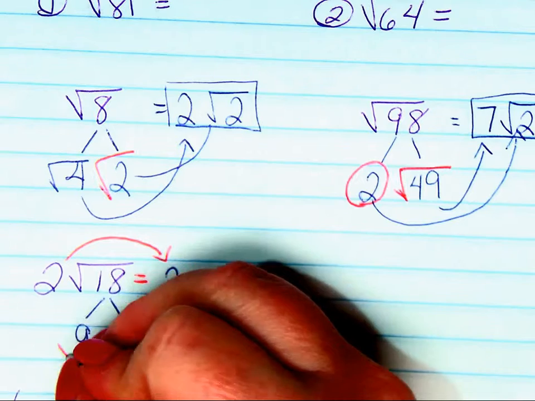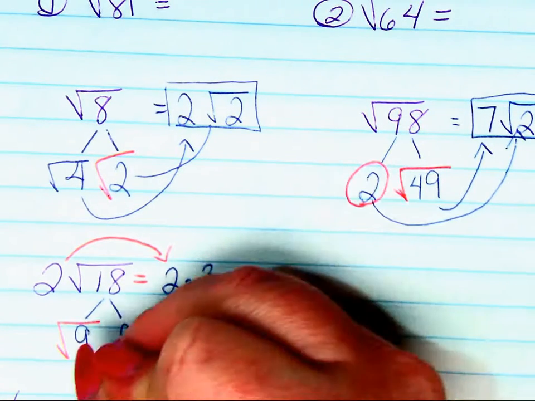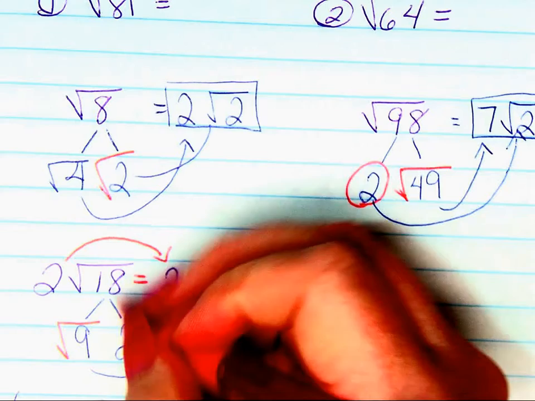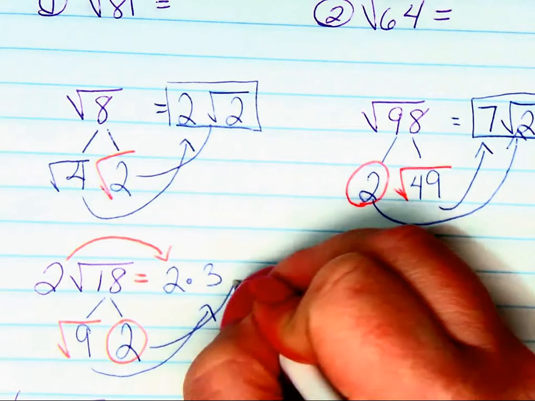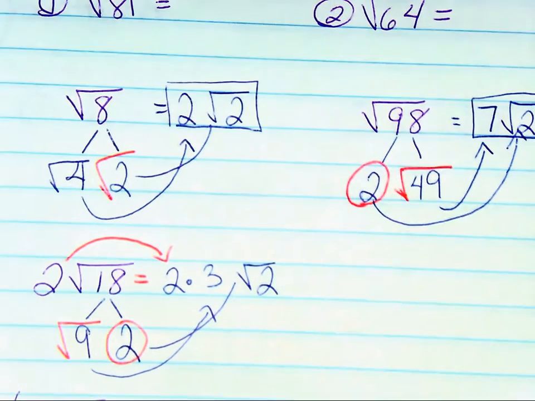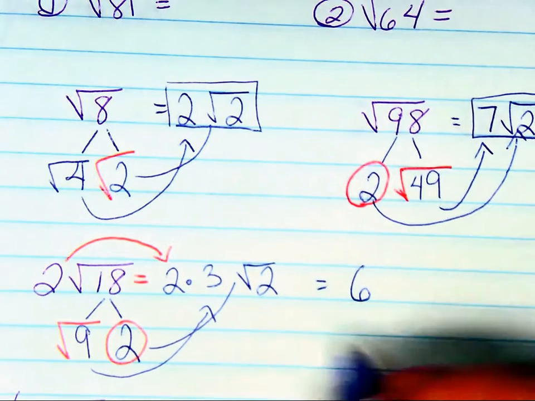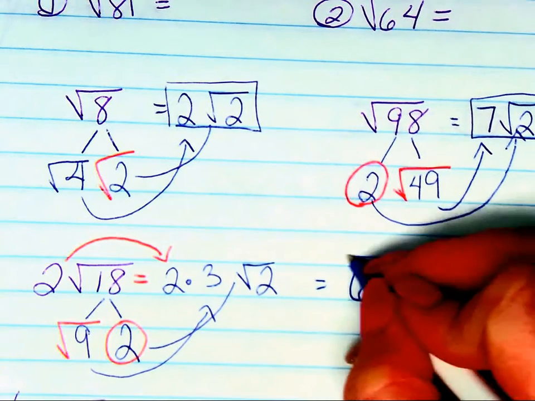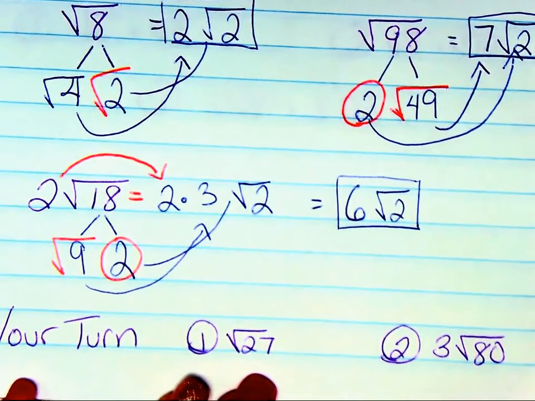This 9, I take the square root and it becomes 3. And this 2 right here doesn't have anything with it, so therefore it stays as the square root of 2. 2 times 3 is 6. The square root of 2 remains, and my answer is 6 times the square root of 2. Now it's your turn to answer these two questions.